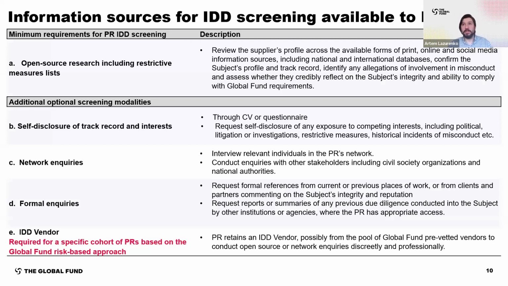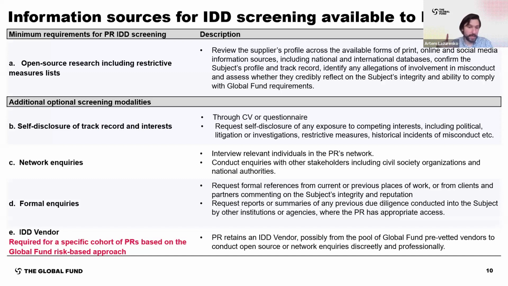The network inquiries with knowledgeable individuals can provide the required context and explain why in that particular area the SR might have had problems which have been historical, but in a different geographical area, the SR has a much better track record, because maybe of some local contextual issues which make it difficult for that subrecipient to operate in that particular area, maybe make it more difficult for that SR to retain higher quality staff in a particular region, whilst at the same time in a different region the SR has a stellar integrity track record.